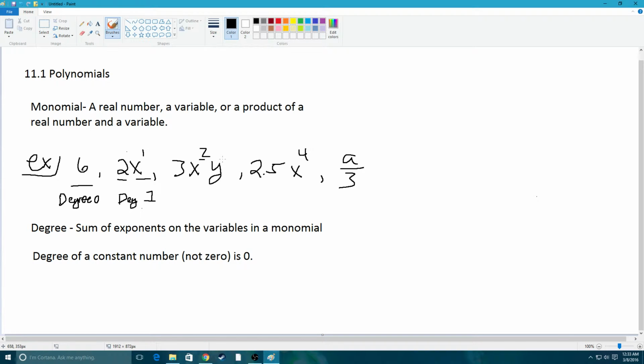This guy, since there's a 1 that you can't see, the degree of this one is the sum of exponents on the variables. Remember, sum of exponents. So it's 2 plus 1, which is 3. This degree would be 4. And this degree would still be 1.